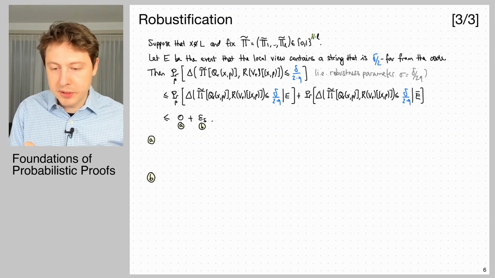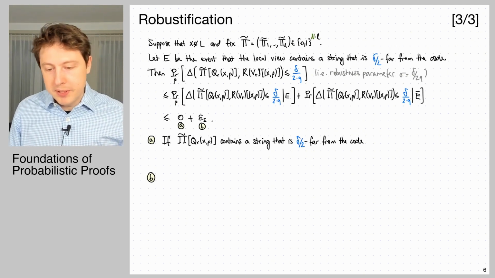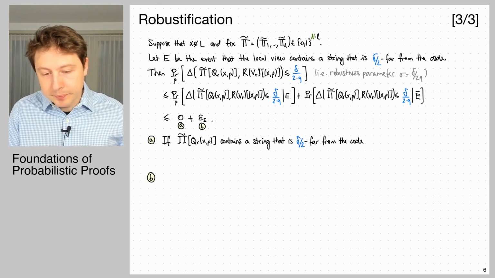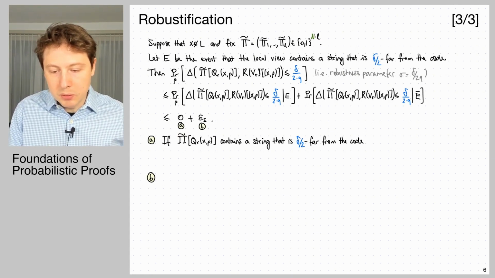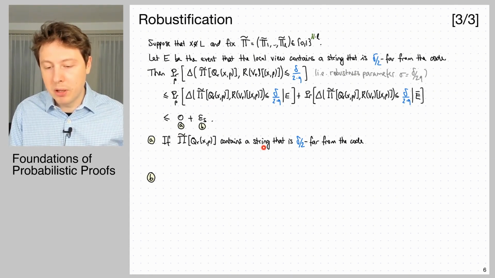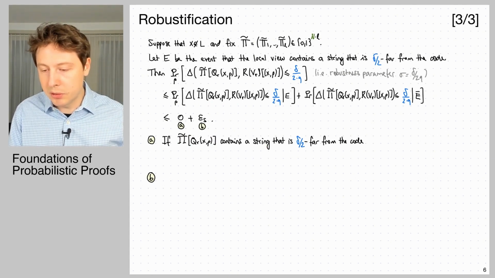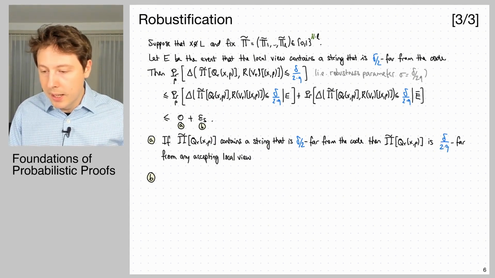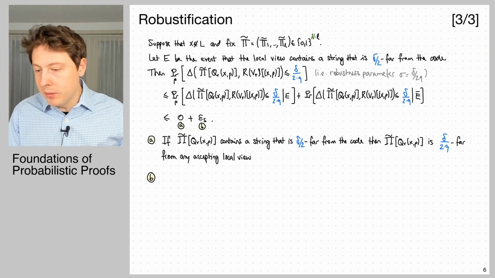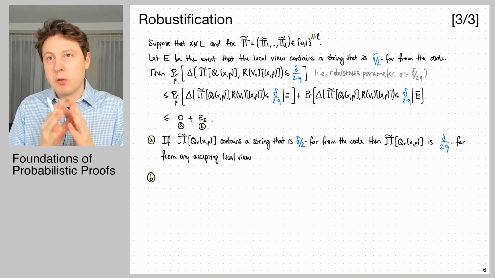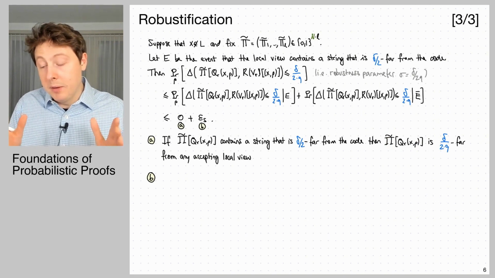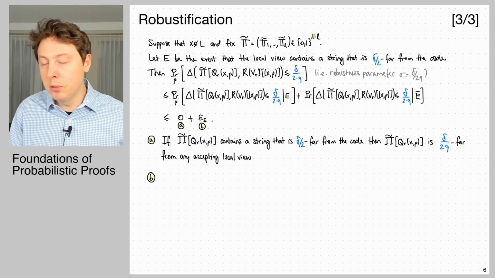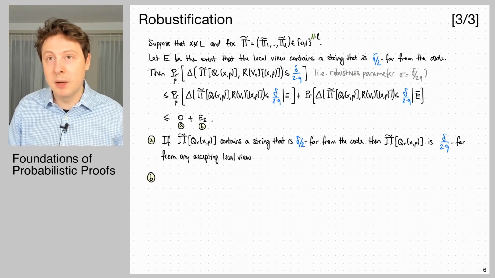So let's argue that the first term is 0. If this local view contains some block of n bits that is delta over 2 far from the code, then when you look at the whole local view, it must be at least delta over 2 times 1 over q far from any accepting local view.